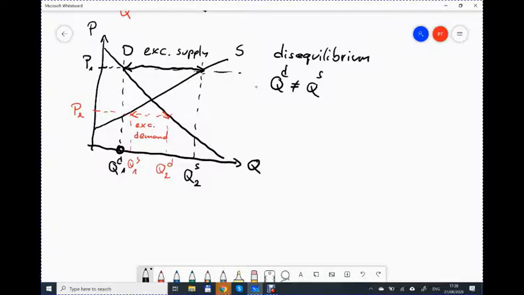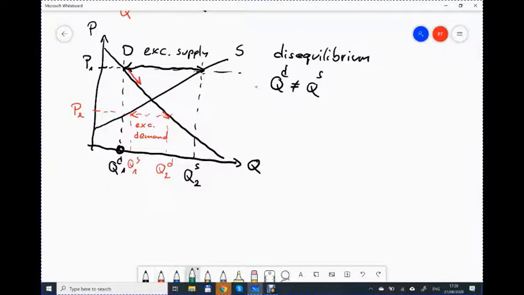So what's going to happen is that slowly the supplier will be willing to reduce the price, accept a lower price, so that slowly the demand is going to increase.